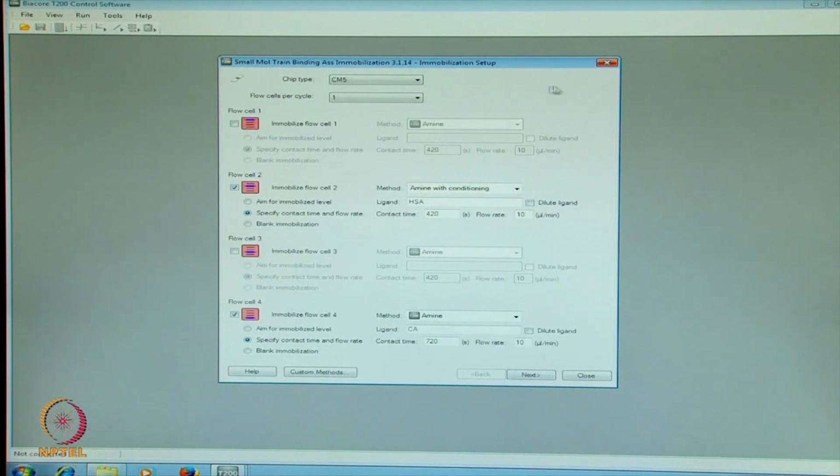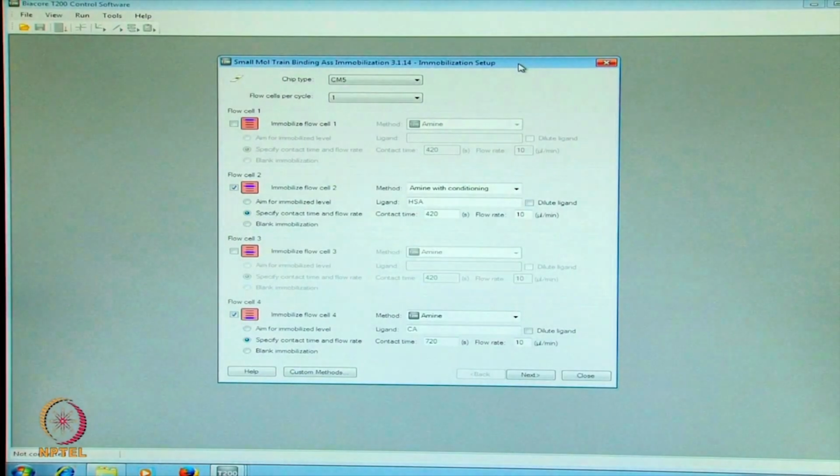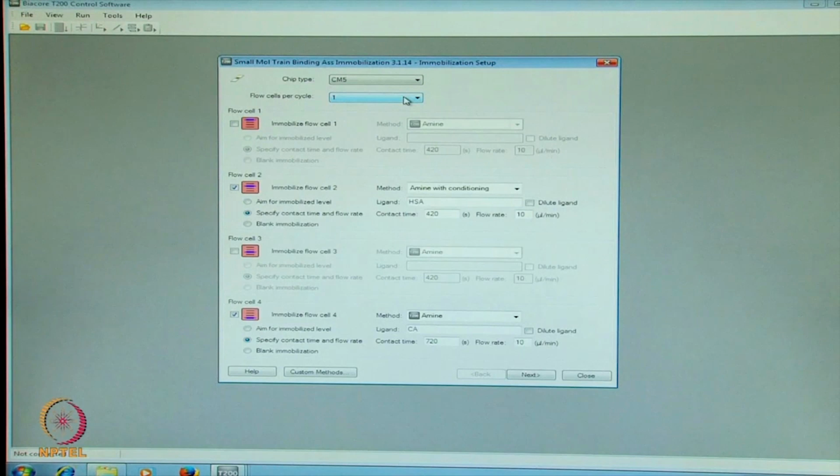Here, we have opened a new immobilization wizard for the immobilization of human serum albumin and carbonic anhydrase on two different flow channels separated with two reference channels. So, the chip selected is CM5, flow channels per cycle is 1.